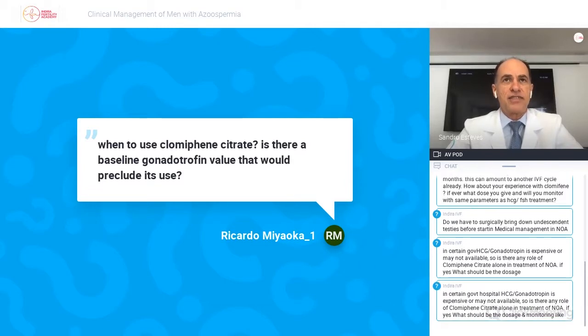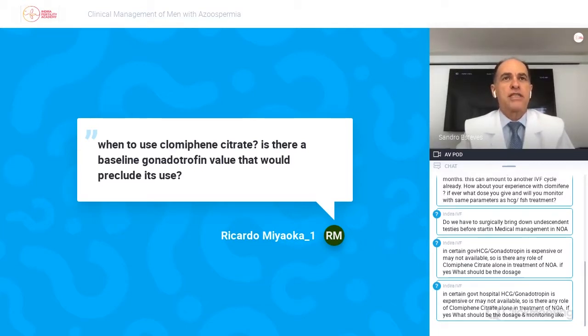Well, the problem with clomiphene citrate is that it will increase the FSH levels even higher. It will increase the LH levels in some patients. By giving clomiphene citrate or any other estrogen modulator, the testosterone levels will reach the ceiling level. It will go above 800 nanograms per deciliter, which is not good, and could even block spermatogenesis.